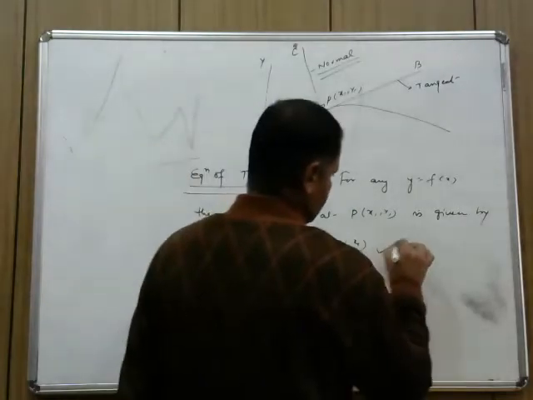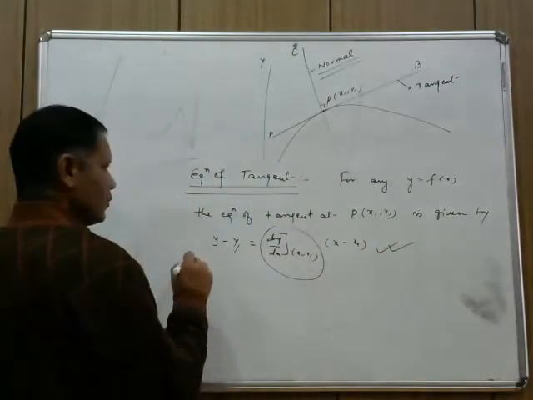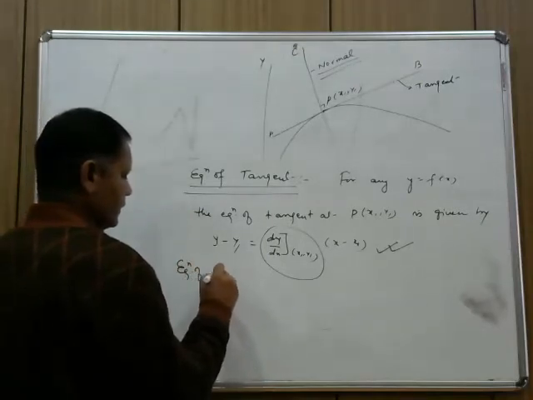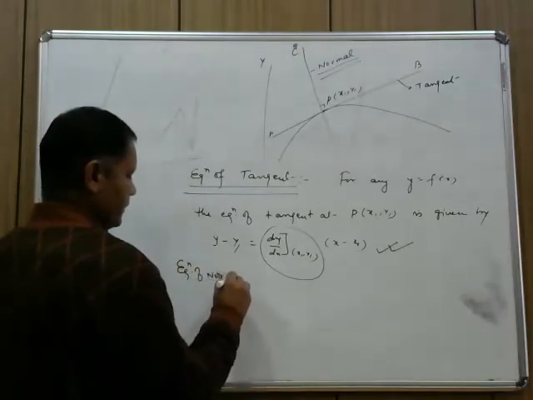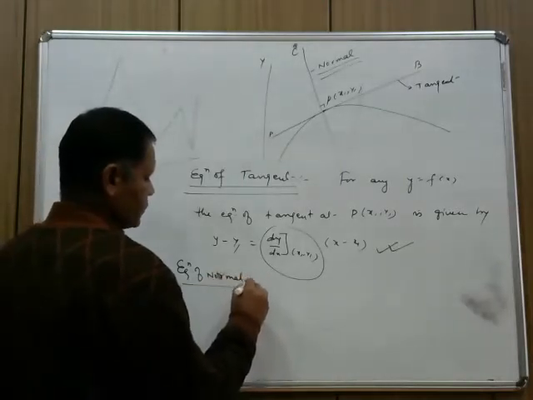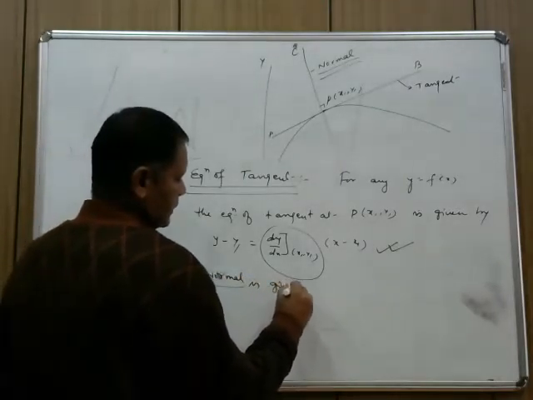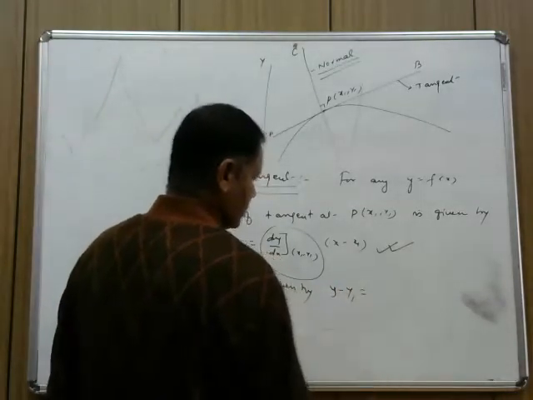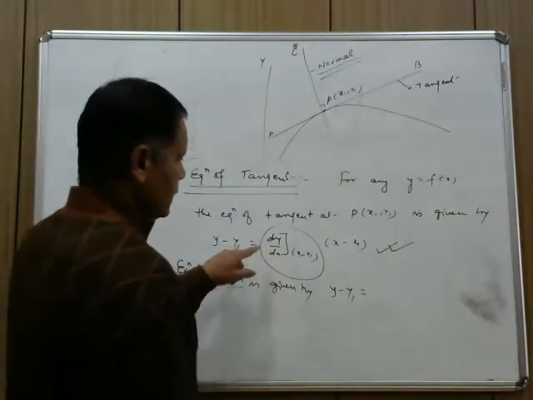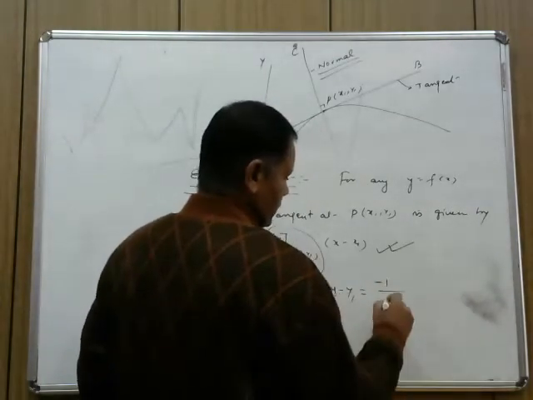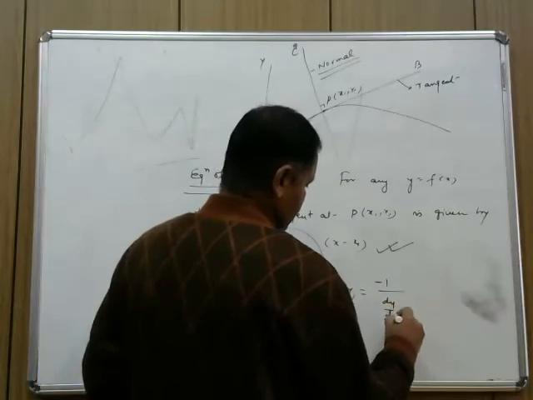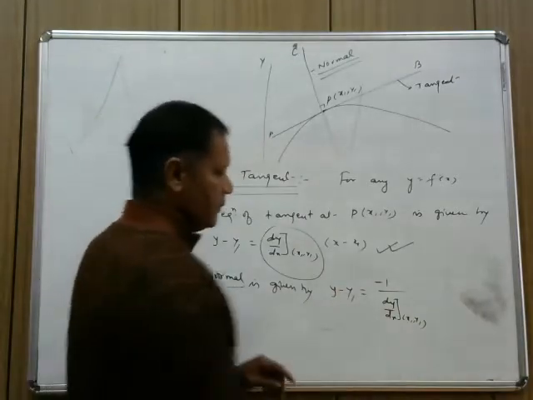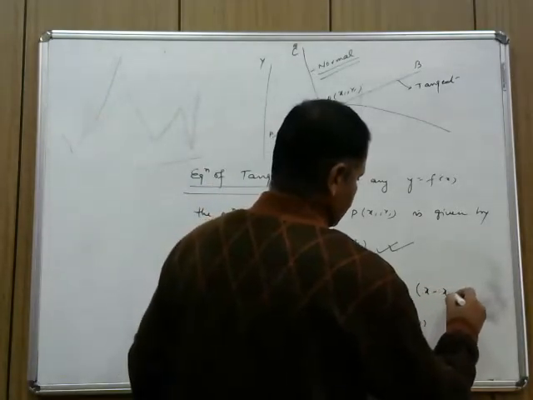right? And thus the equation of normal is given by y minus y1 is equal to minus 1 upon dy by dx at (x1, y1), that is, minus 1 upon m, into x minus x1.